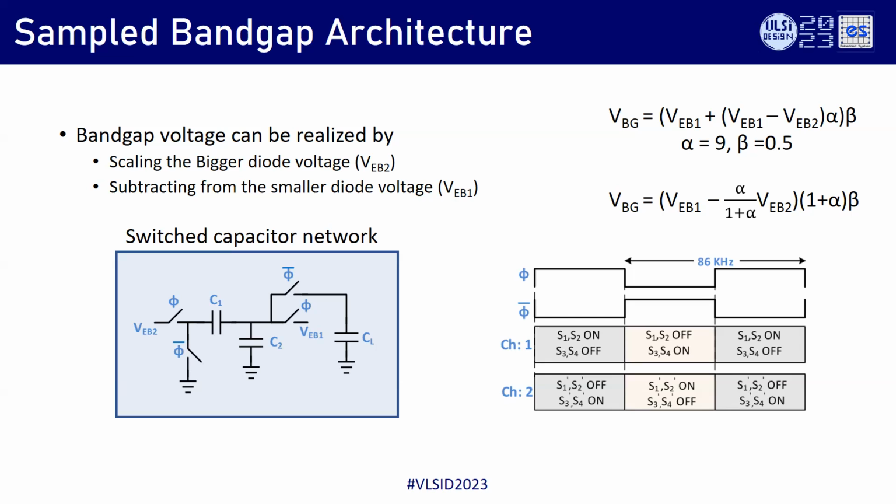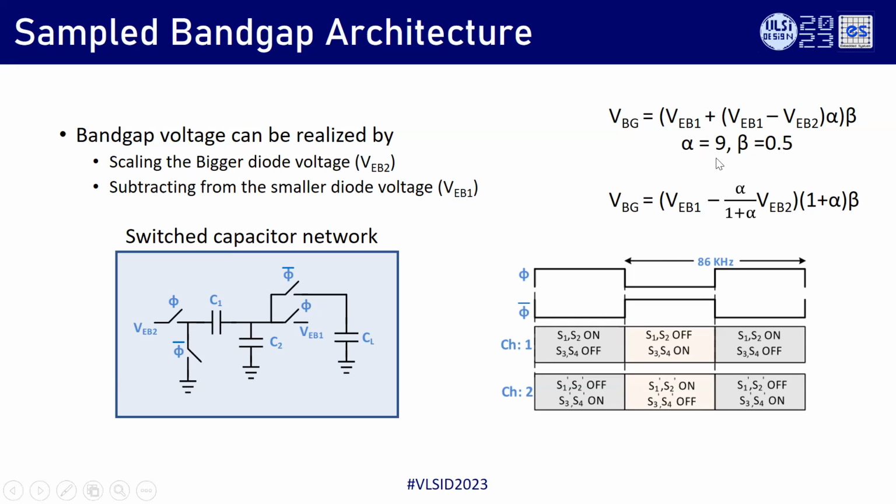But these days the BJTs are so tiny compared to older technologies, so the current density is really high and the temperature coefficient of VBE keeps coming down. At 90 nanometer and even before that, it used to be like 1.8 millivolts per degree, but these days I think 1.5 millivolt per degree is quite common. Even 1.4 I have seen recently.